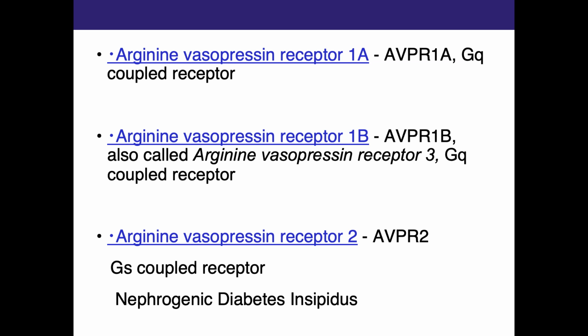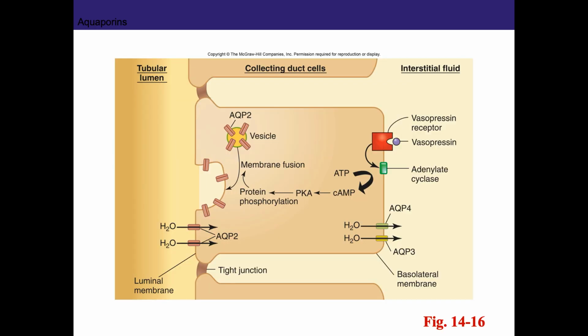You're just always peeing all the time, and basically, you're always thirsty, you're always dehydrated. Okay, so that's a problem. That is called nephrogenic diabetes insipidus.